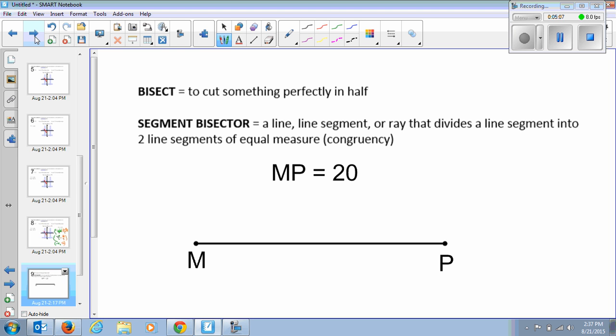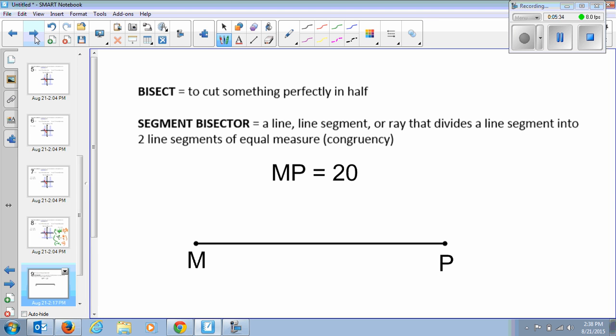Next, we're going to talk about the word bisect. I'm sorry I referred to that earlier, as we've already done that. To bisect something means to cut it perfectly in half into two equal parts. There are many different types of bisectors. You can have an angle bisector. You can have a segment bisector. Today, we're only going to talk about segment bisectors. A segment bisector, by definition, is a line, segment, or ray that divides a line segment into two line segments of equal measure, or congruency.